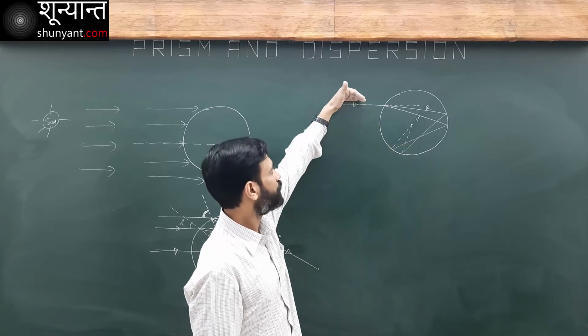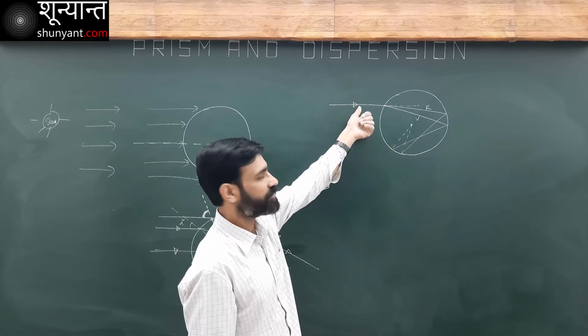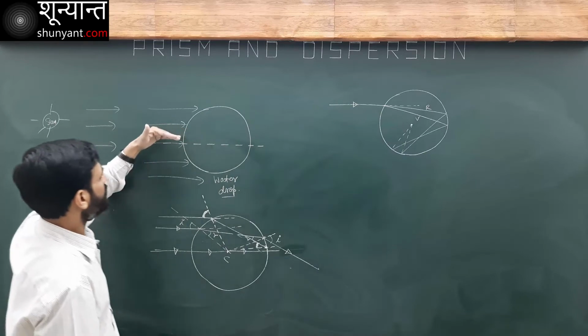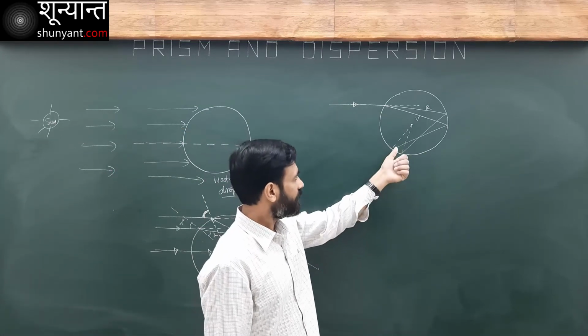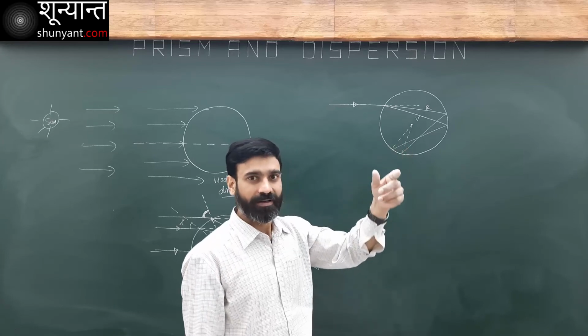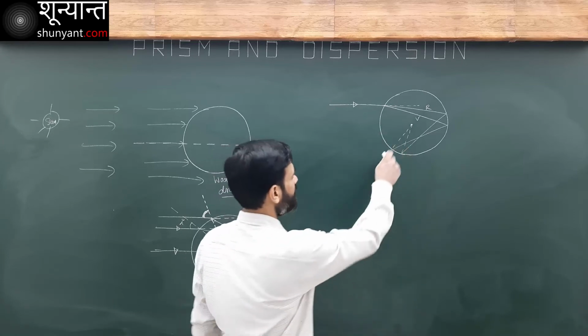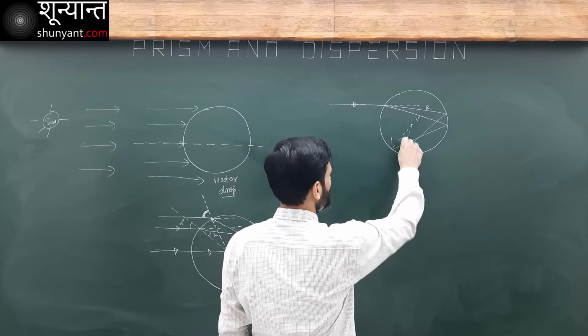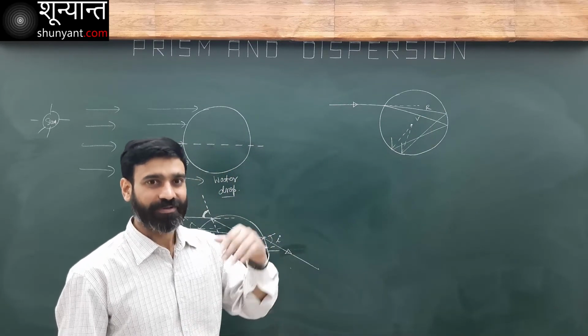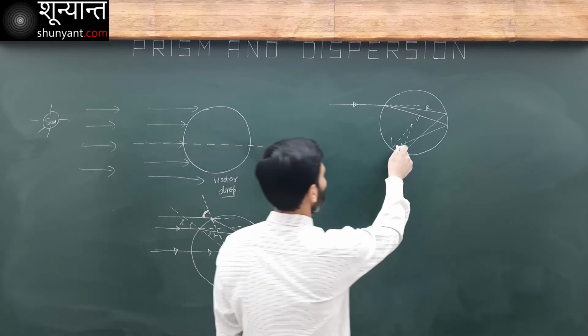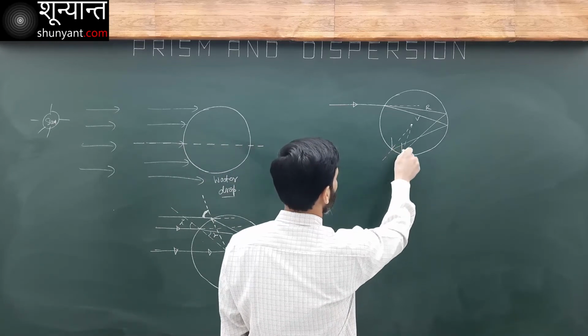It will depend on the position of the light ray which one is considered. So for many light rays, this angle is going to be more than critical. So many of them will be reflected inside, but at the same time, many will come out also.